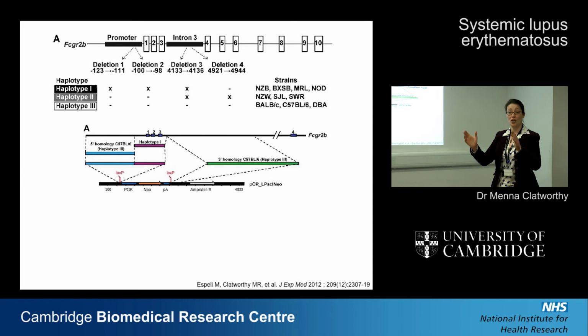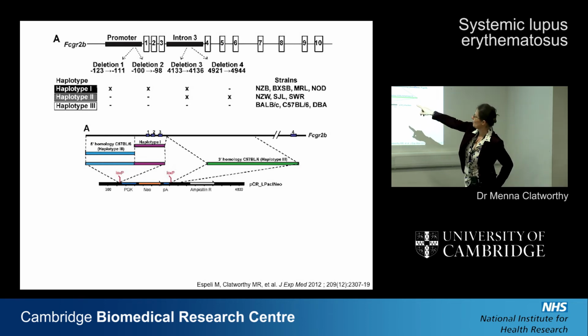So rather than saying we'll knock out the whole gene and see what the effect of that is, we will actually knock in the part of the genome of your diseased animal or person that's different. And so that's the only bit that's different. What we did was take the deletion, which you can see there in the promoter, and knock that bit in. We've called that haplotype 1, in pink, but we joined it together so that the rest of the gene was a Black 6 gene.